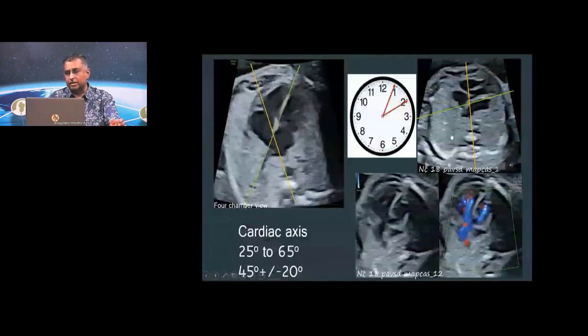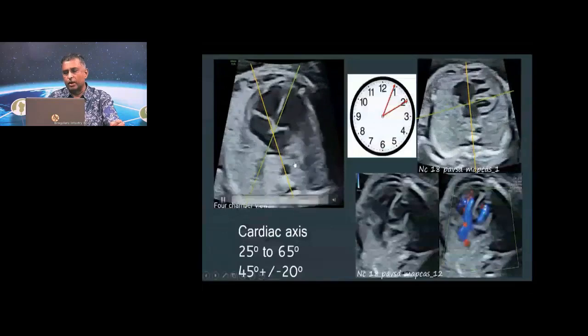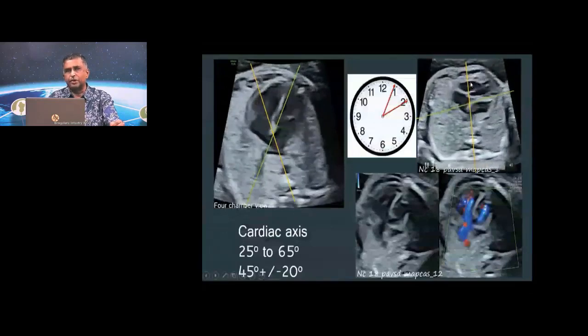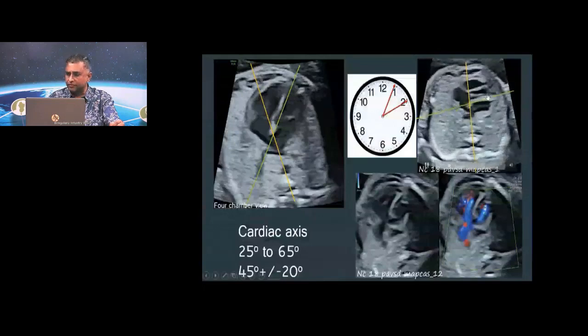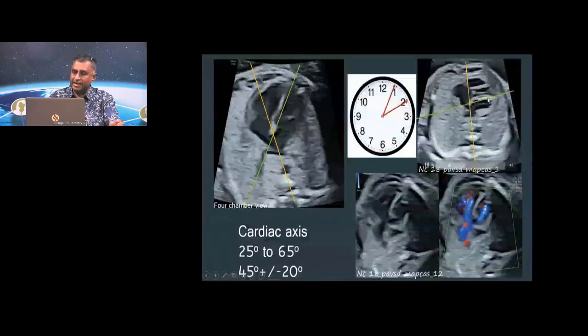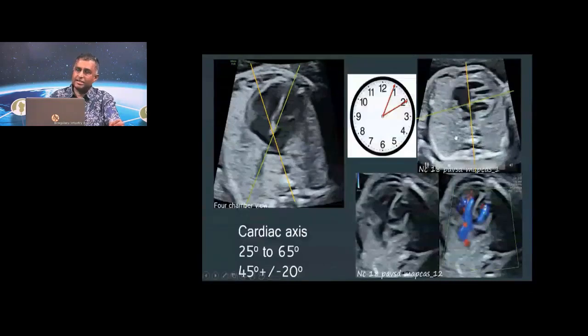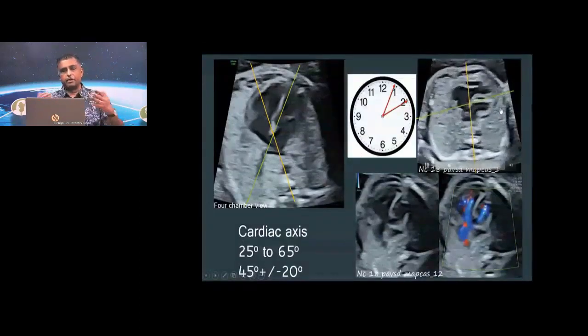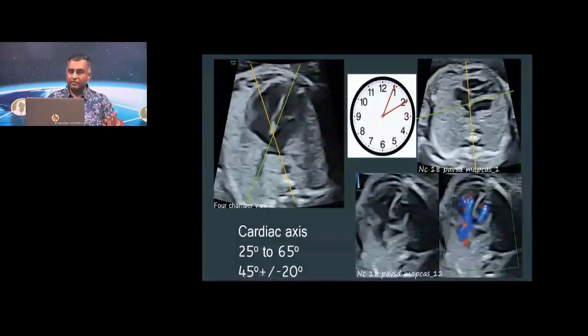Whereas, look at this. Here is a heart which shows you that this angle is much, much more than 65 degrees. It's almost close to 90 degrees. So you call this axis rotation of the heart, and it's towards the left side, so it's a left axis rotation. Some people use the term left axis deviation.